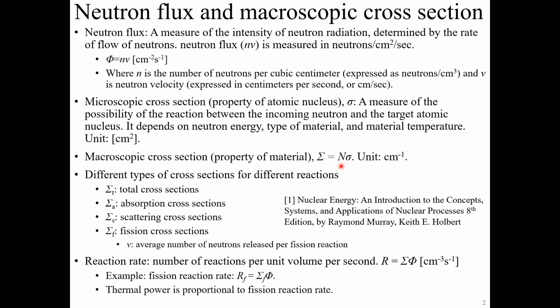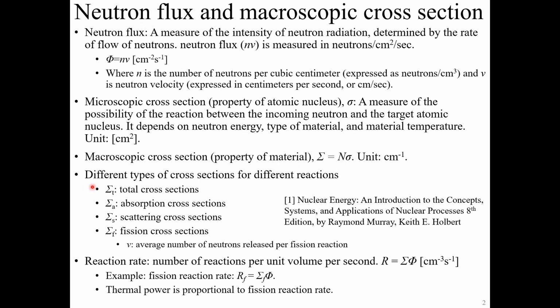This capital N is the atomic density of this material. So this macroscopic cross-section depends on not only the property of the atomic nucleus, but also the density of this material. And the unit for macroscopic cross-section is 1/centimeter.